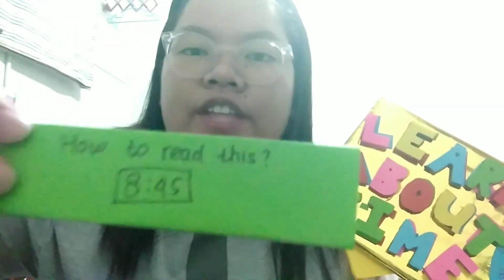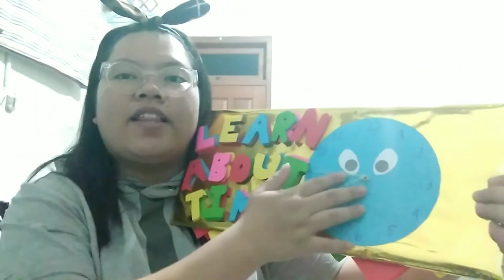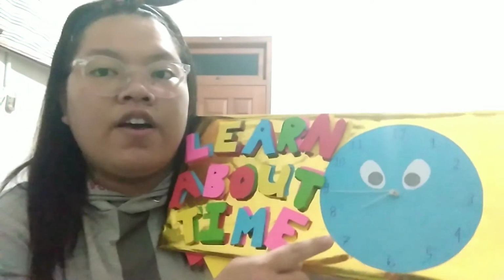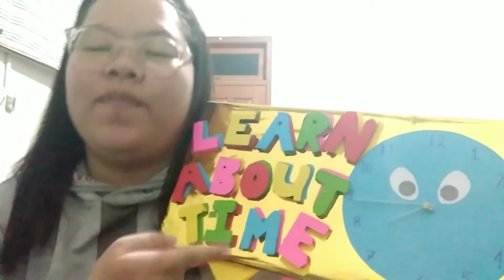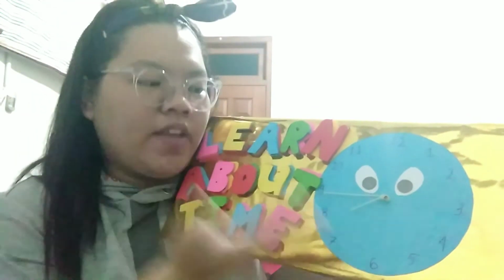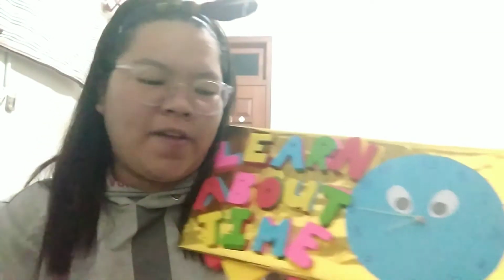What you need to do here is, first of all, of course, you need to take the question. After you take this, for example, like this, how to read this, you need to set the time first, 8:45, and then after you set the time, you need to read it. What time is it? It is 7:45.